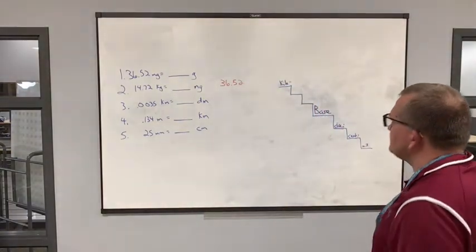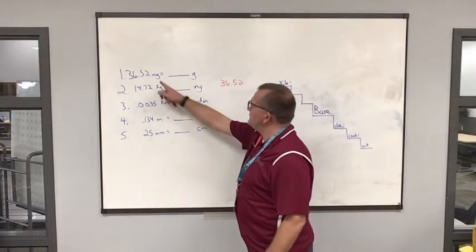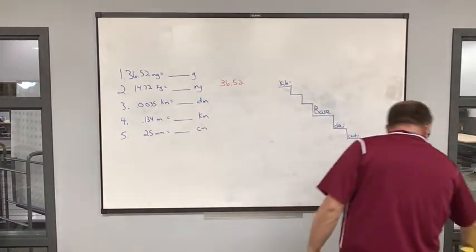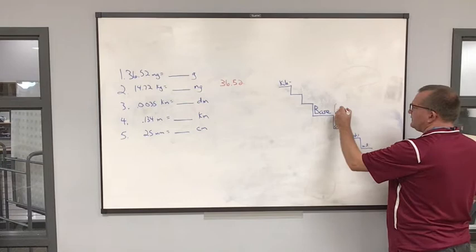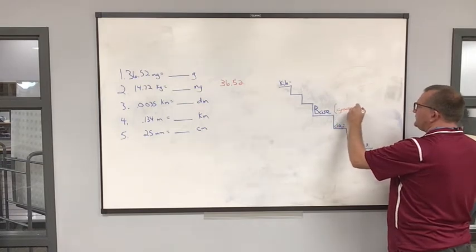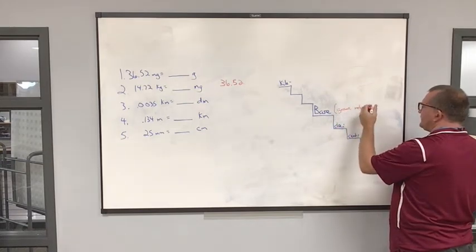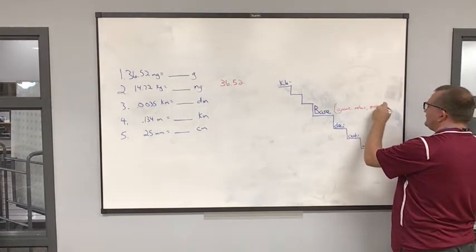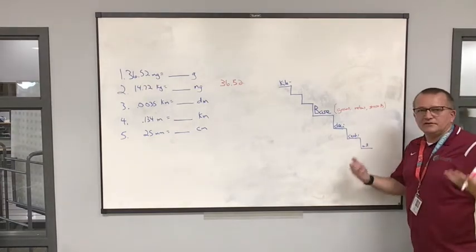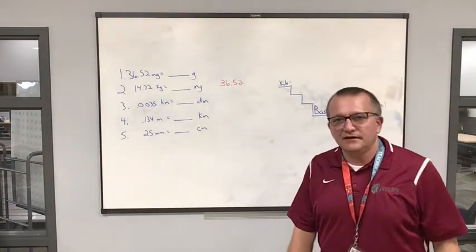So anyway, we're going to start with 36.52 milligrams. We want to go to grams. So when we look at the metric staircase, remember our base unit: grams, meters, if we're talking times, seconds, among other things. It would just depend on what unit we're talking about.